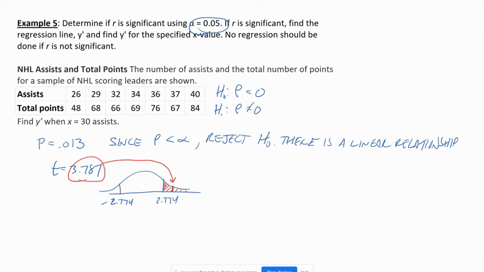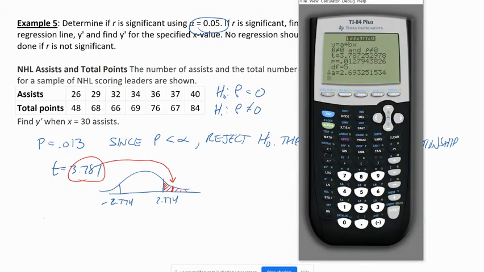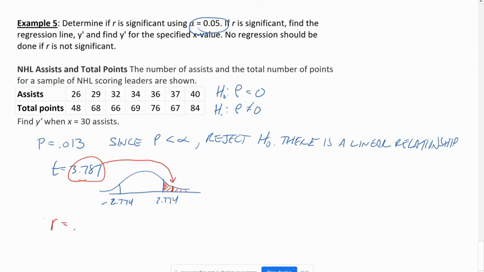So R is significant. In this case, if we scroll down far enough, R turned out to be 0.861. A turned out to be 2.693. B turned out to be 1.962.